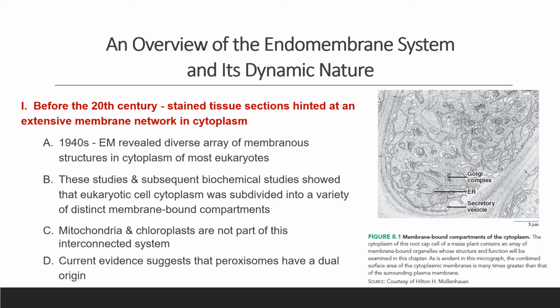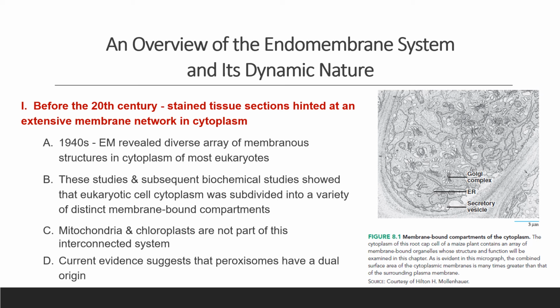So next, let's go to the endomembrane system, or the overview of the endomembrane system and its dynamic nature. Before the 20th century, experiments performed by staining tissue sections hinted at an extensive membrane network in the cytoplasm. In the 1940s, the endomembrane system was revealed as a diverse array of membranous structures in the cytoplasm of most eukaryotes, and these studies and subsequent biochemical studies showed that the eukaryotic cell cytoplasm was subdivided into a variety of distinct membrane-bound compartments.